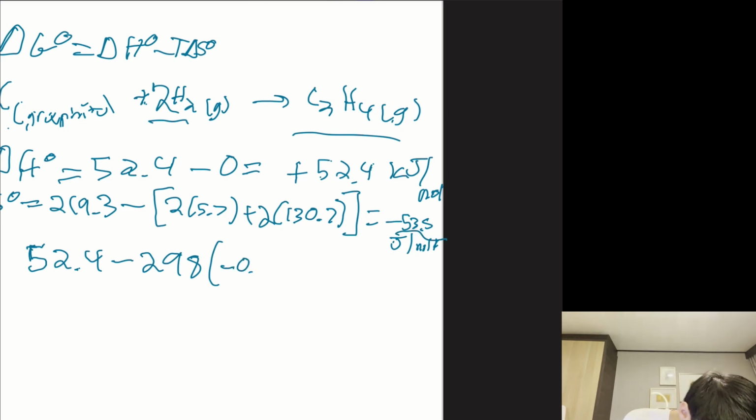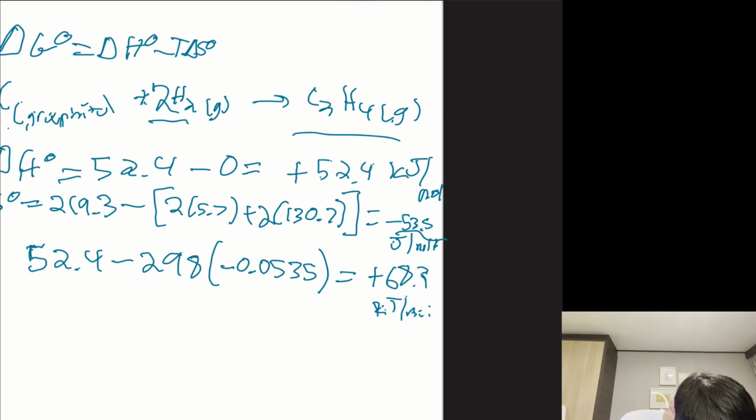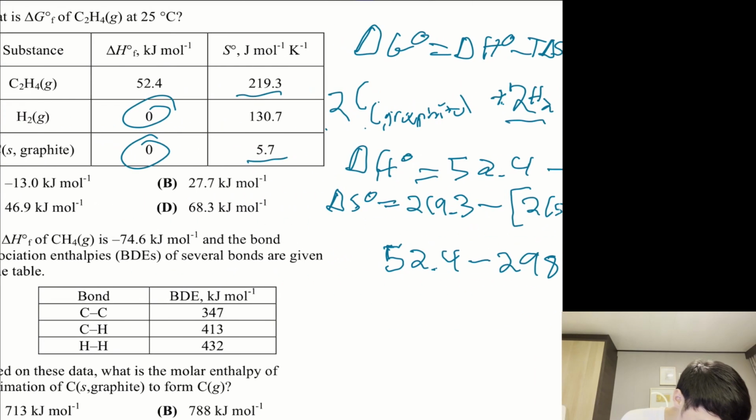So that's negative 0.0535. And this comes out to a value of positive 68.3 kilojoules per mole.